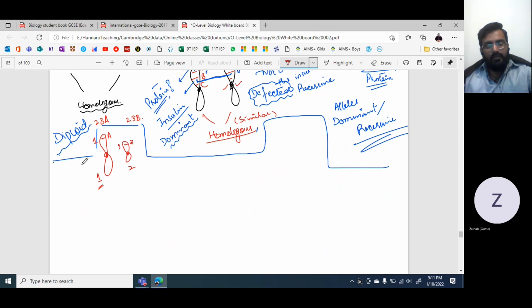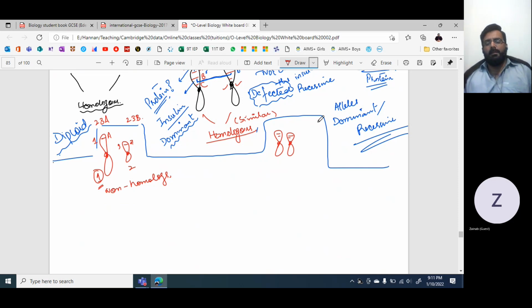Let me repeat this. If on the very terminal position the chromosome number 1 has gene A, chromosome number 2 would not have gene A at the same position, because these are non-homologs. But whenever we talk about chromosomes which are homologs, which are similar to each other, they would have the same genes at the same position, same location.